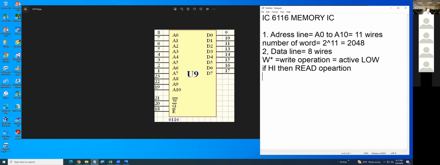And if you want to read data from the memory, pin 21 must be high.